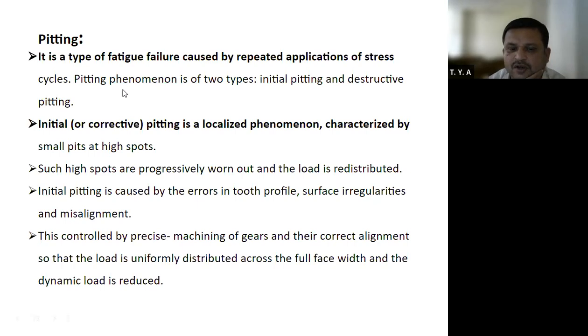Pitting phenomenon is of two types: initial pitting and destructive pitting.